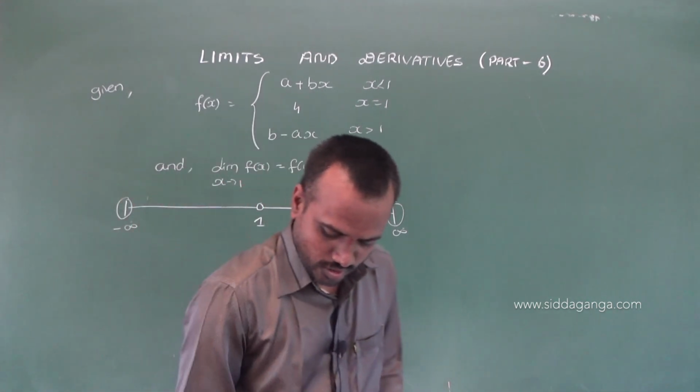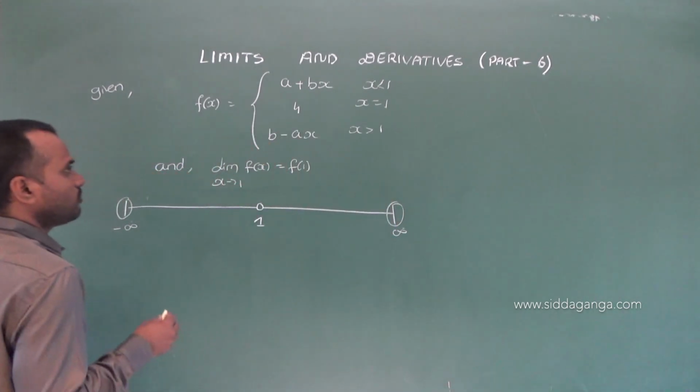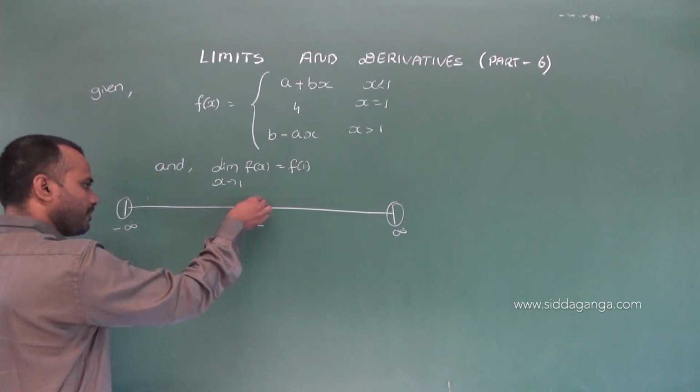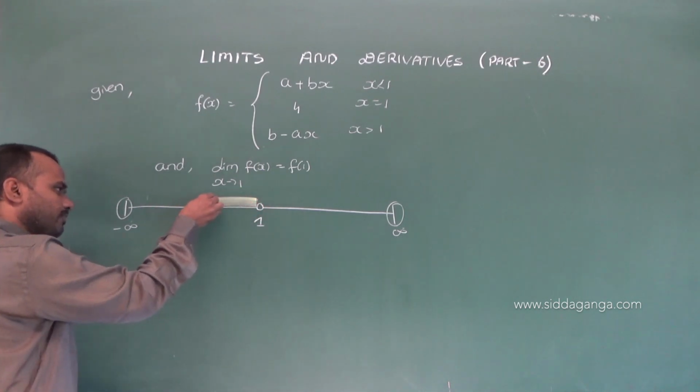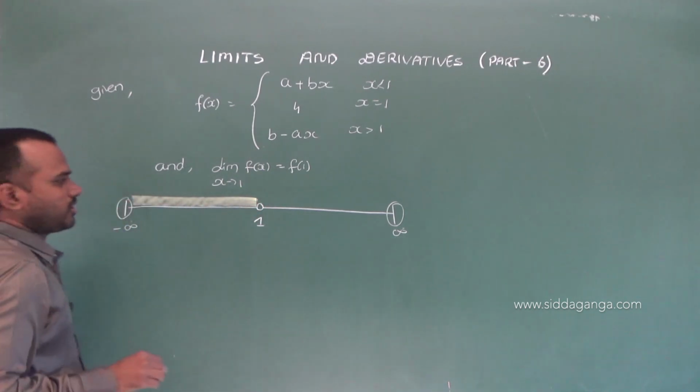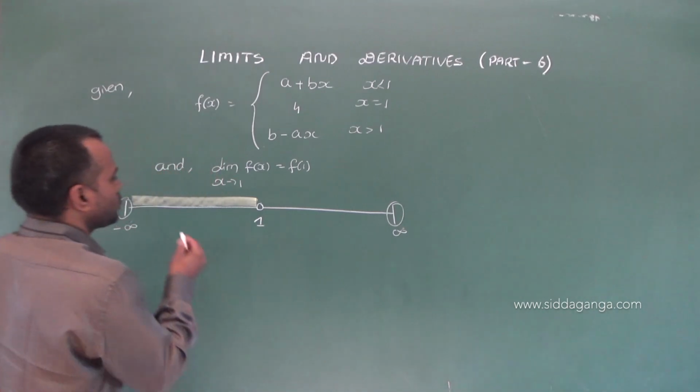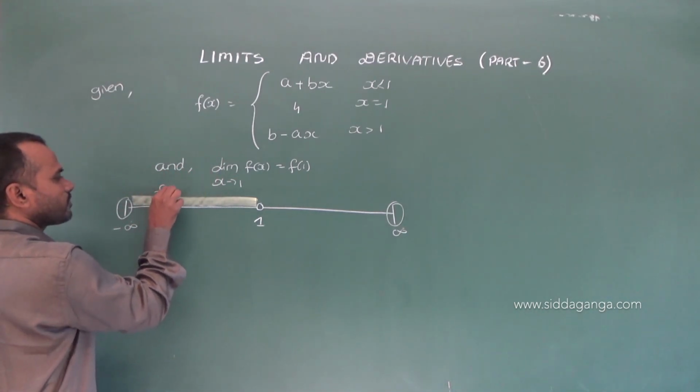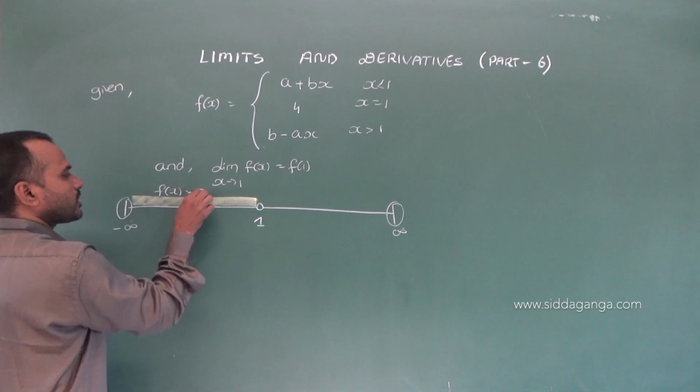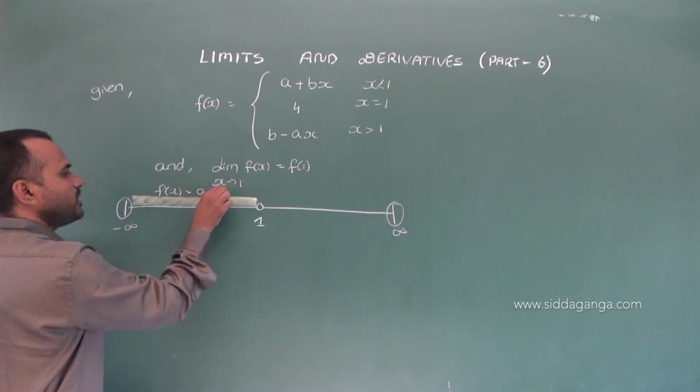In this case, observe here, for x less than 1, f of x is a plus bx.